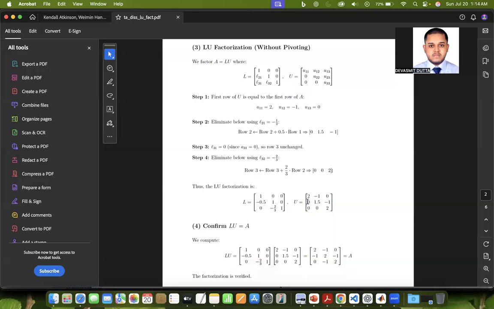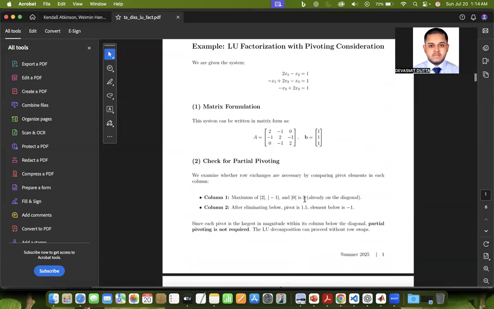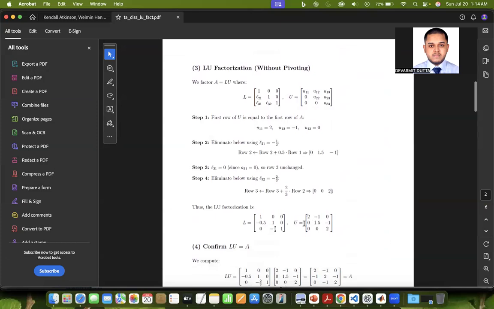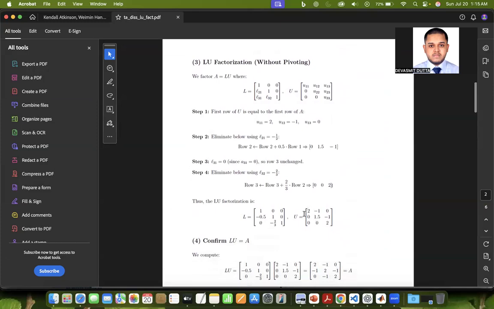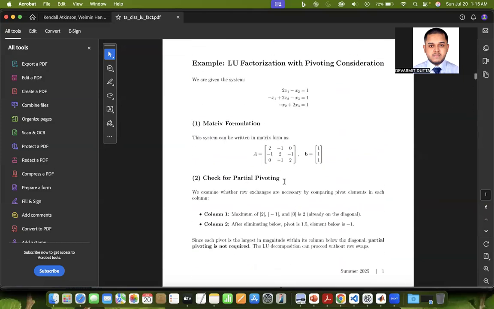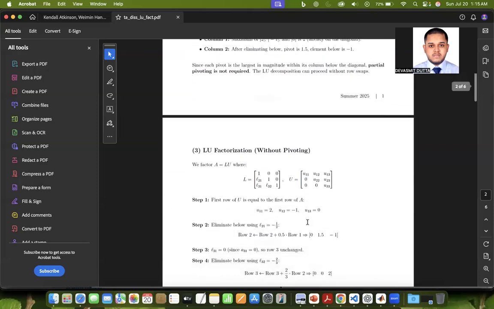So these three terms have now become 0. And the diagonal terms have also changed here. So if you see here, we got 1.5 here. This is your second row, by the way. And then this is your third row, the transformed third row, which is 0, 0, and 2. And the 2, minus 1, 0 is not touched at all. So this is as it is from the beginning.